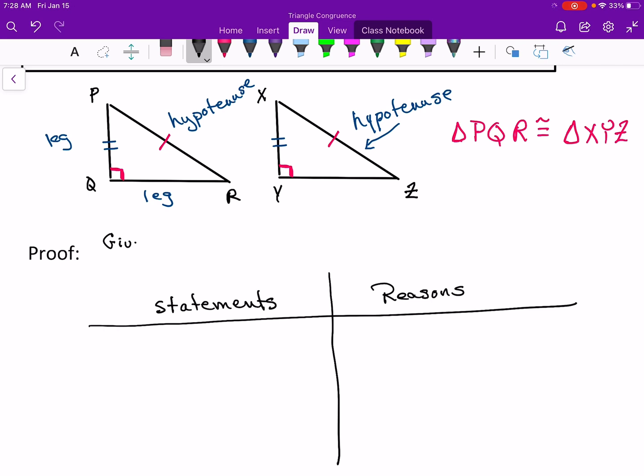So first thing, we are given right triangle PQR and right triangle XYZ. We are also told, if you can see by the picture, that PR, actually we don't know that yet.